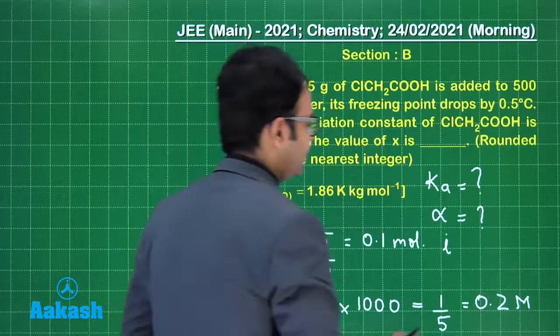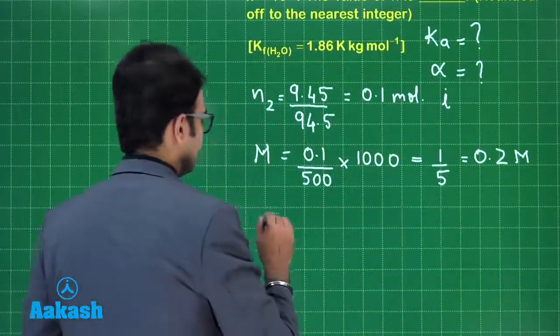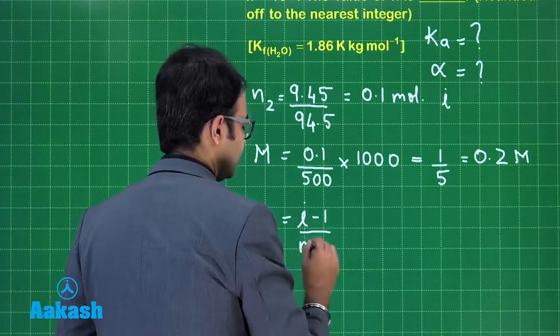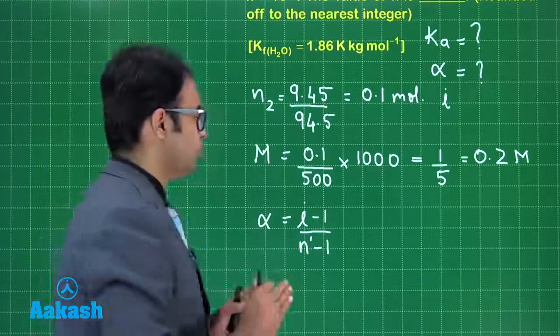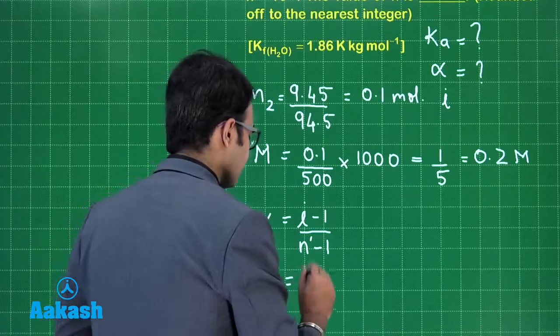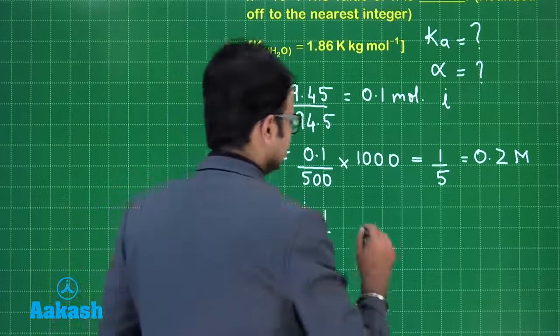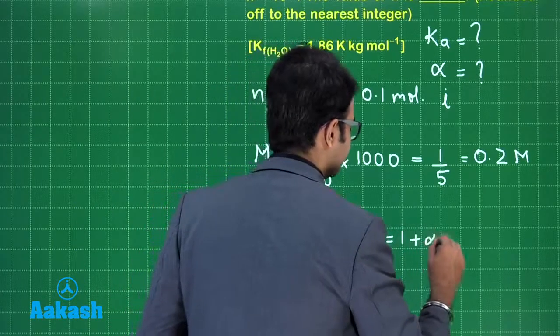So alpha is i minus 1 upon n dash minus 1. n dash is your sum of stoichiometric coefficients. So here we will get i as, so this will be 2 minus 1. So we'll get i as 1 plus alpha.